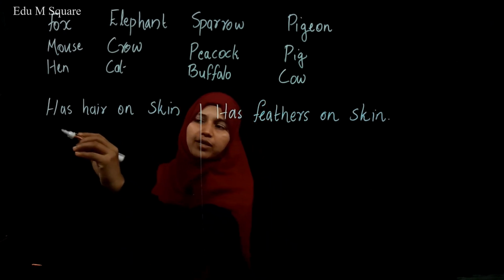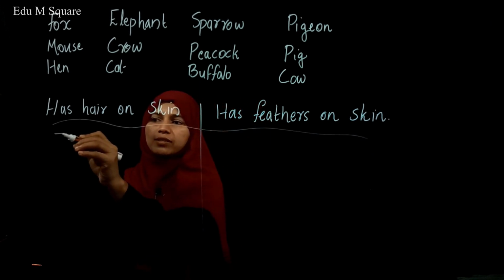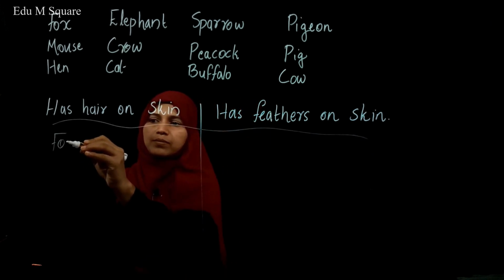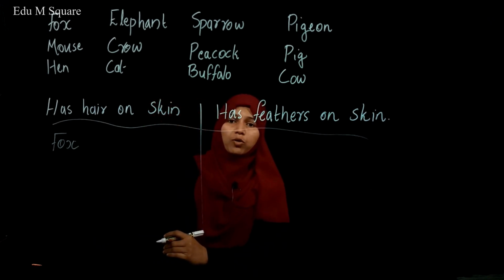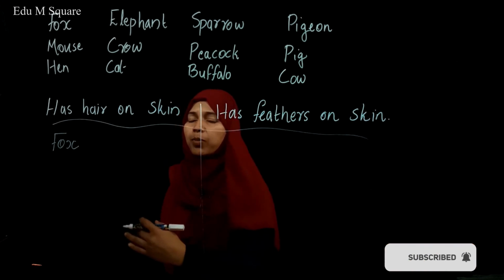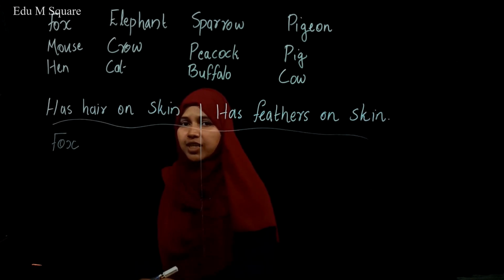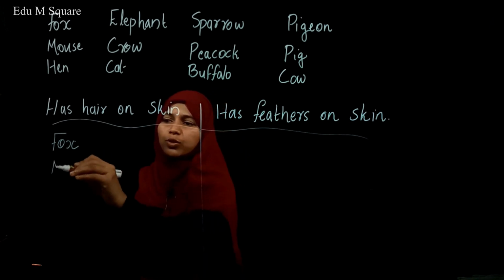So it comes under this column, doesn't it? What about the mouse? Yes, if we observe the mouse closely, we can see hair on its skin. So the mouse is also here.